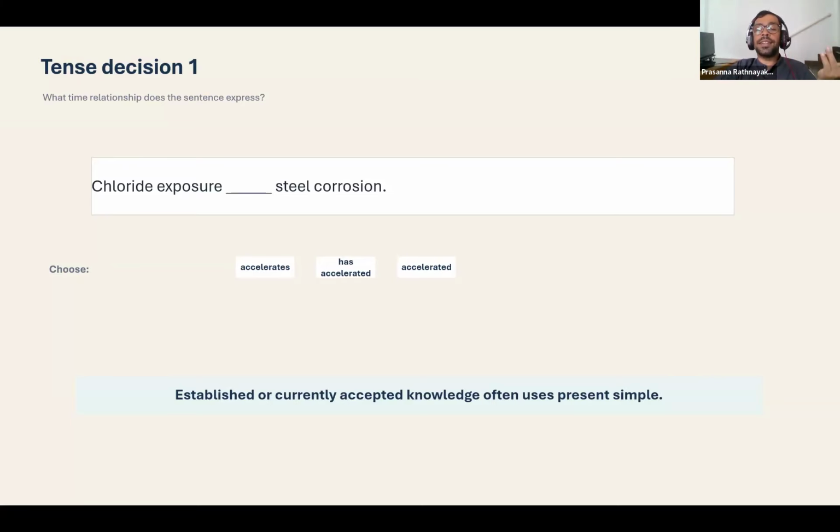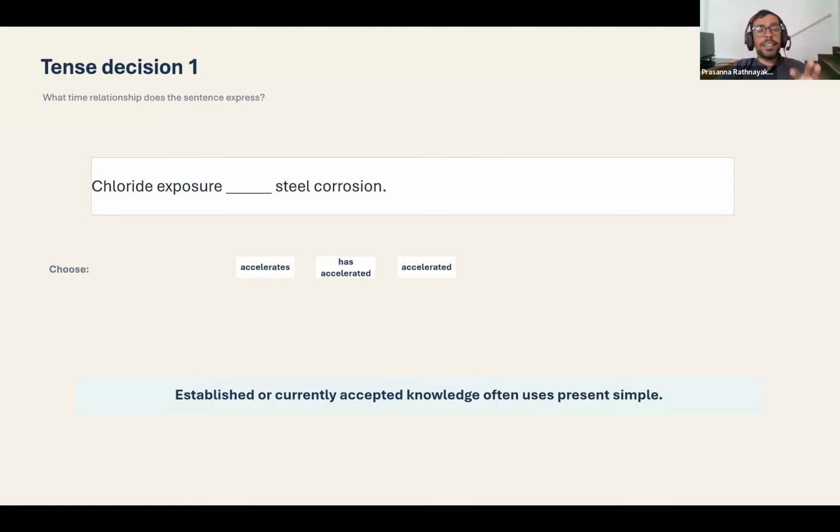When you say has accelerated, present perfect tense, it creates a different meaning. You are describing something that historically changed and continues to the present. But this is not the case. In this case, it's a fact that we already know and which is universally valid.